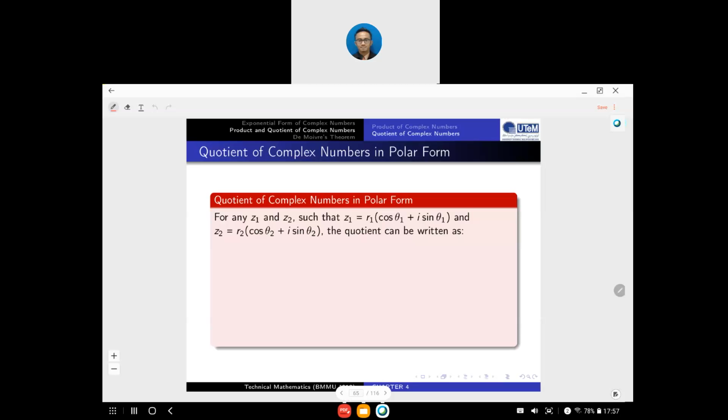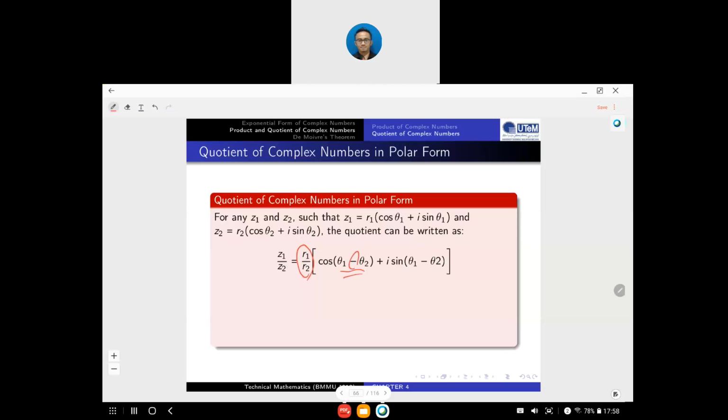The quotient can be written as, okay, so this one, your R becomes division and then your angle becomes minus. It is the opposite of the product. For the product, your R becomes the product and then your angle becomes summation. But for the quotient of complex numbers, your R becomes division and then your angles become difference.